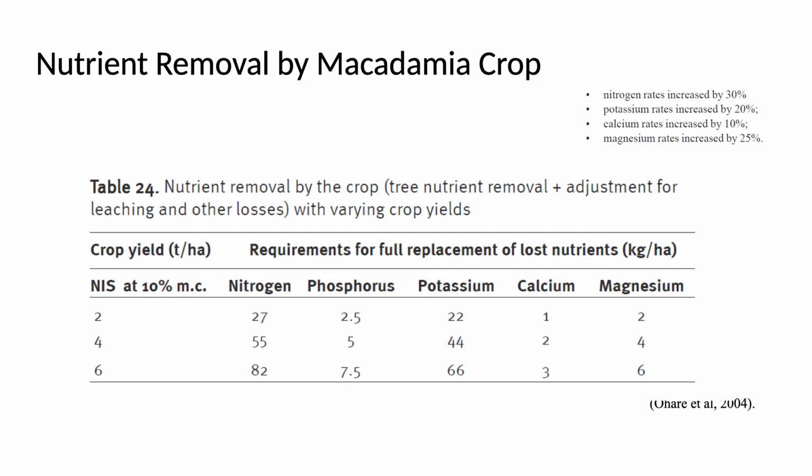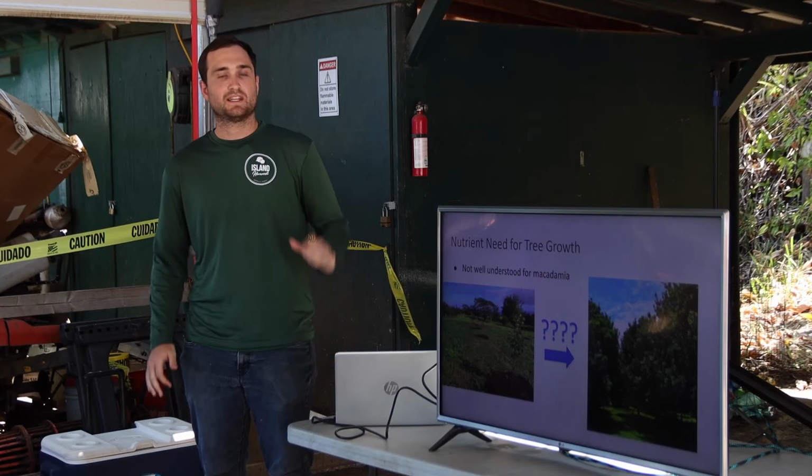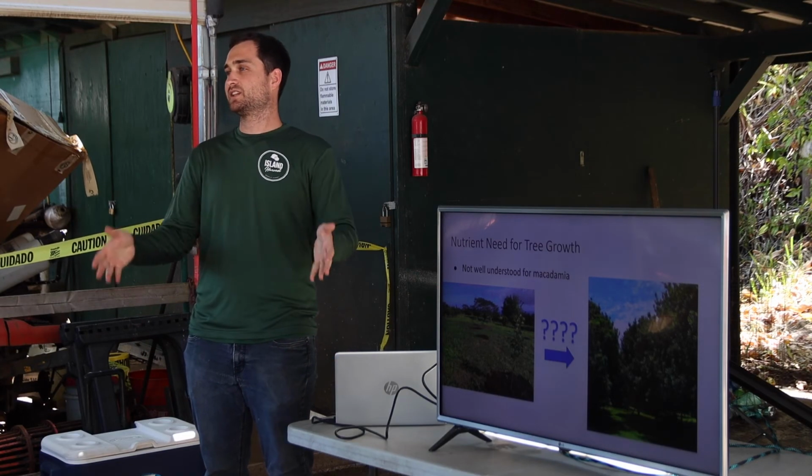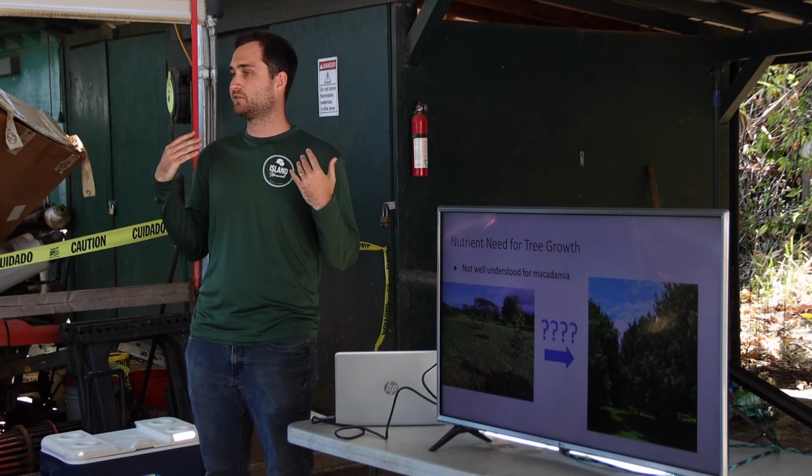Look at your orders of magnitude: nitrogen and potassium, if you're doing 6 tons per hectare, you're removing 82 kilograms of nitrogen, 66 kilograms of potassium. It's a pretty significant amount. Phosphorus, calcium, and magnesium are removed at quite a bit smaller amounts. So that was crop replacement. That's just how much you're removing that you need to account for.